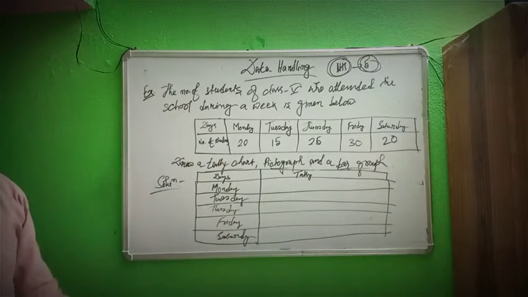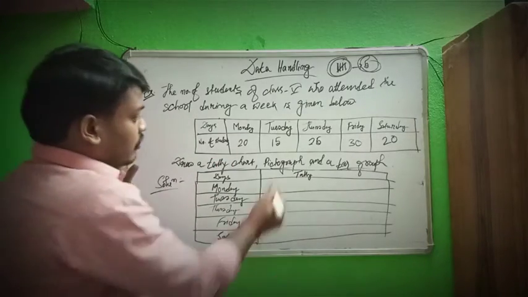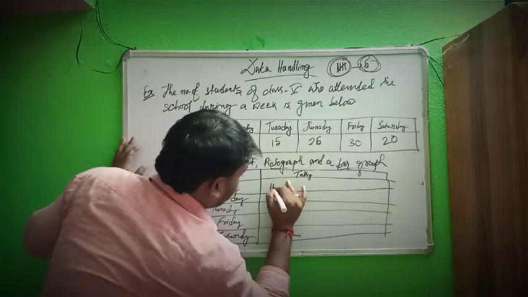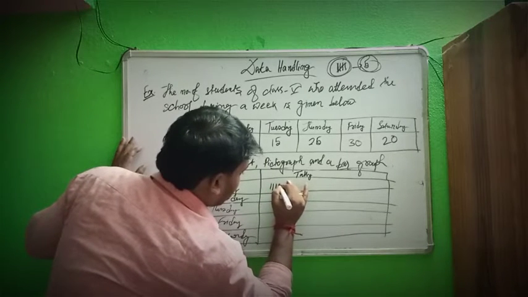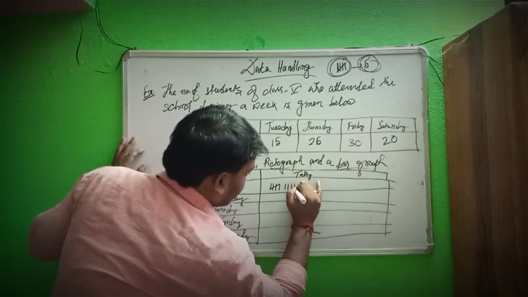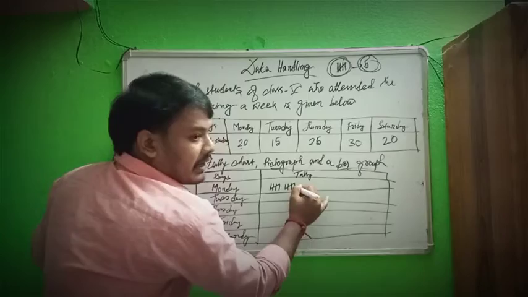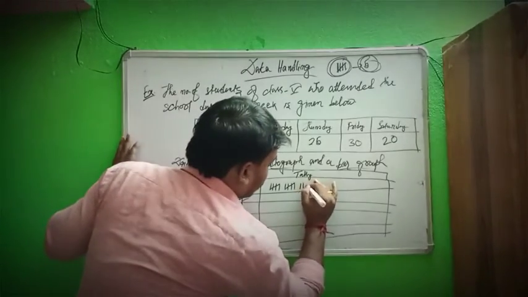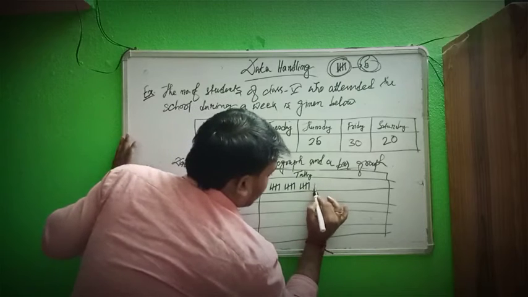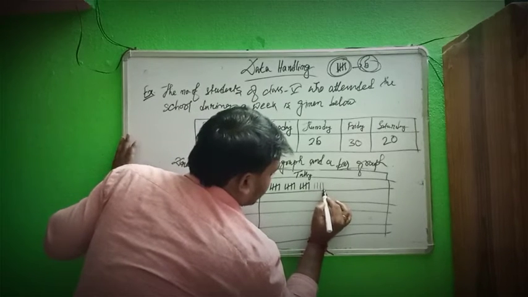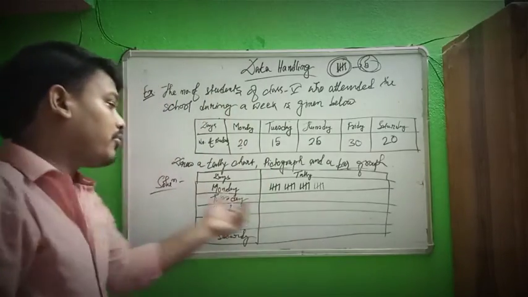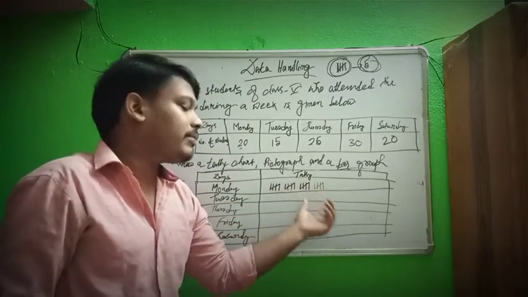That's why we use a tally chart. The first value, Monday, is 20: 5, 10, 15, 20. So 20 is represented by this type of tally.